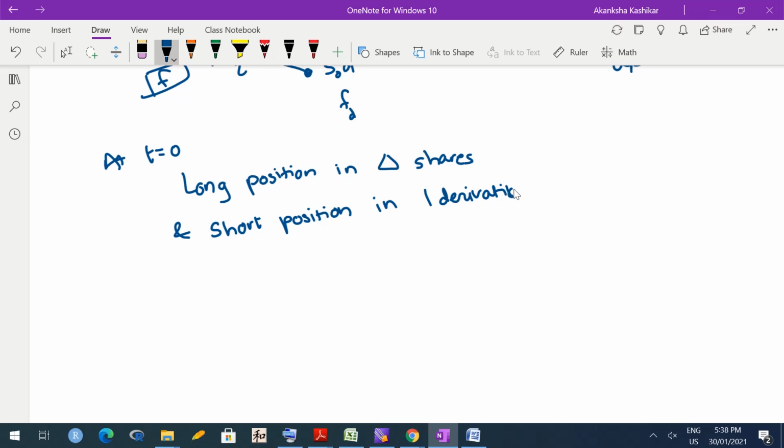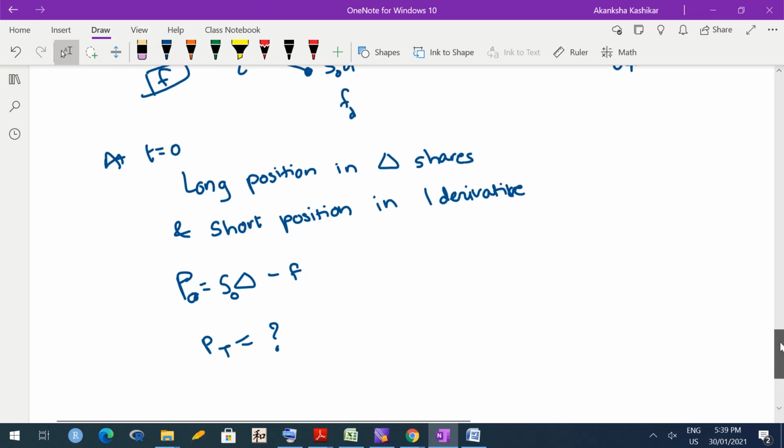So my portfolio worth at time 0, P0, is equal to S0 delta minus F. F is, say, the price of the derivative which we are trying to determine, the optimal price. Now I need to compute the portfolio worth at time T, so it would be different under different scenarios.